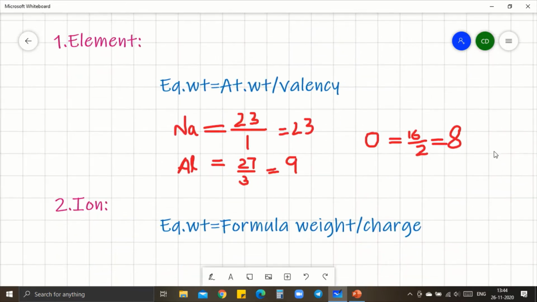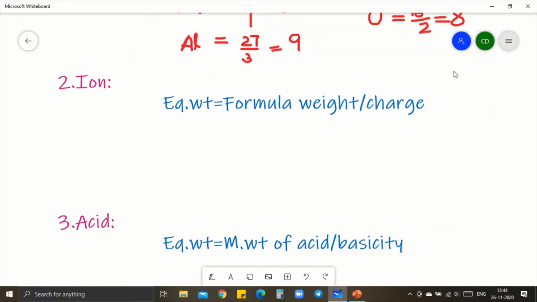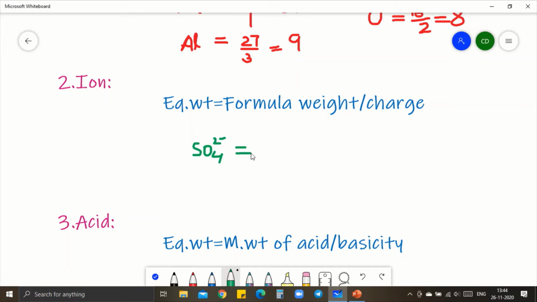So now let's discuss the equivalent weight of an ion. It is formula weight divided by the magnitude of charge. Let's take an example of the sulfate ion, SO4 2-. The formula weight of SO4: sulfur is 32, and oxygen is 16, 4 oxygens are there, so 64.